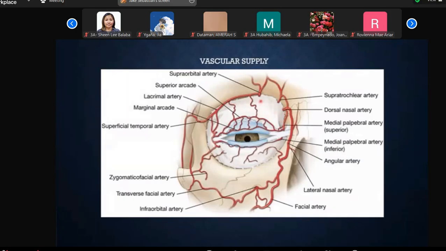So two of those belonging to the internal carotid include the lacrimal artery and the supraorbital artery. So this one here and this one here. So here in the maxilla, these are external carotids.